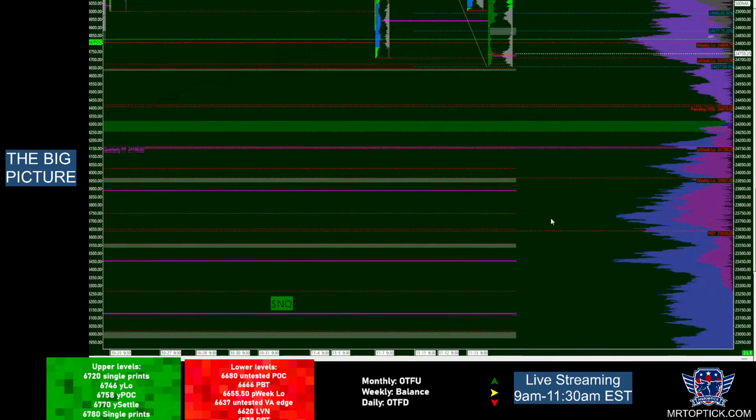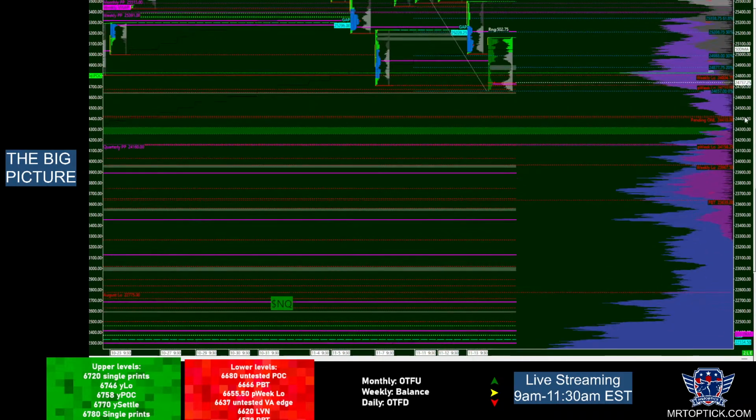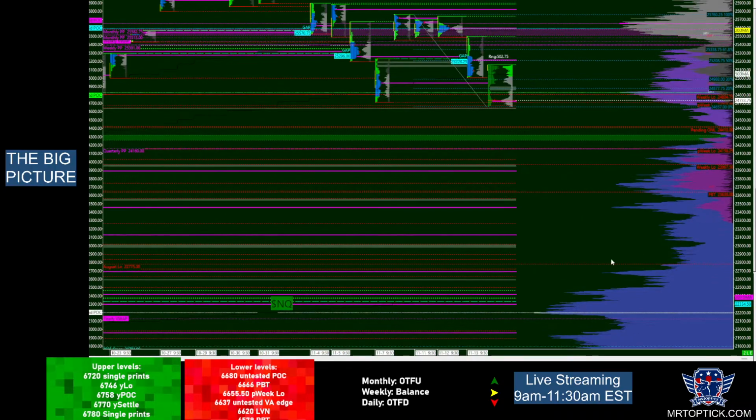references down here. The area with the most volume for the year, this is the blue profile, the volume profile for the year, is down here, 22,200. I'm not saying we're gonna get here today, but if this downtrend continues, then the final target will be here.